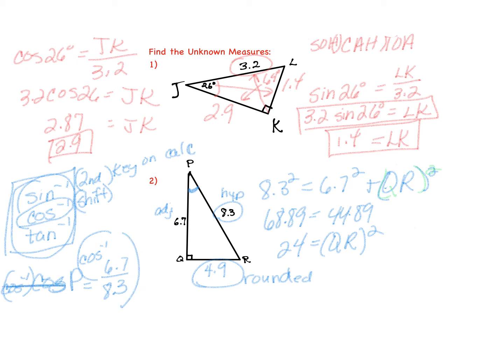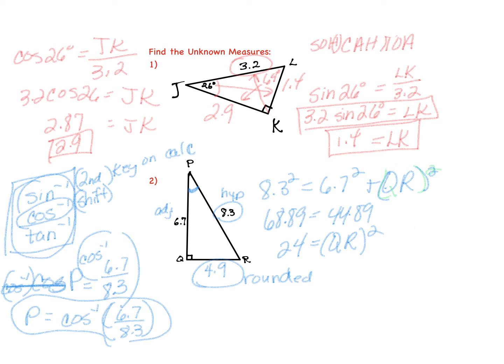And what it does is it cancels that cosine out and leaves me just P, and that's what I'm trying to get. So P equals inverse cosine of 6.7 over 8.3. This is my calculator-ready form. That's what I put in the calculator.